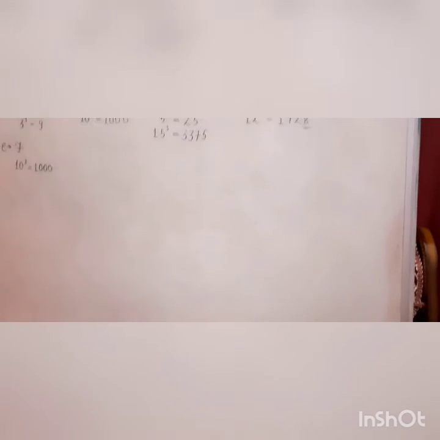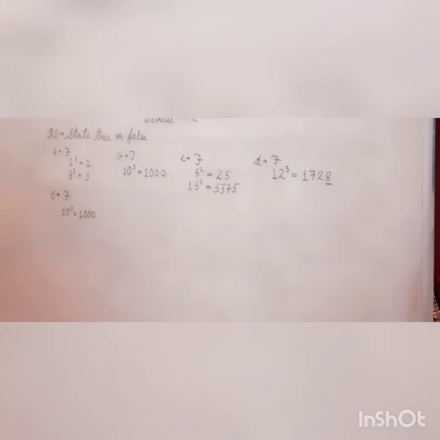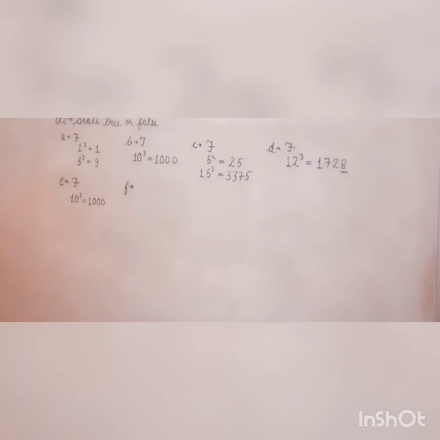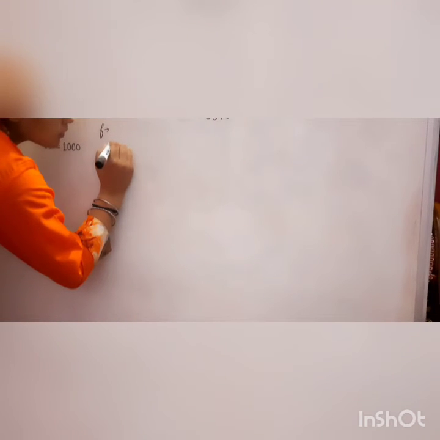Okay class. Now your sixth part is: the cube of a 2-digit number may have 6 or more digits. Suppose we take the example 99.